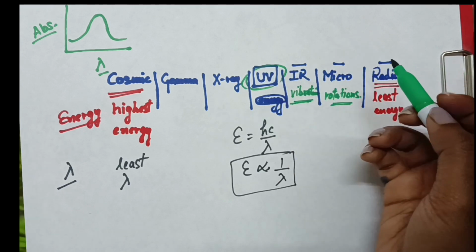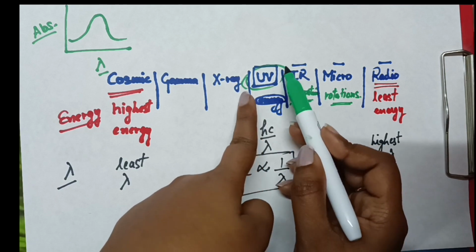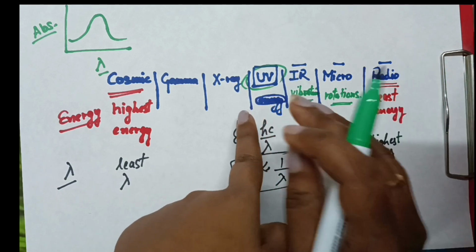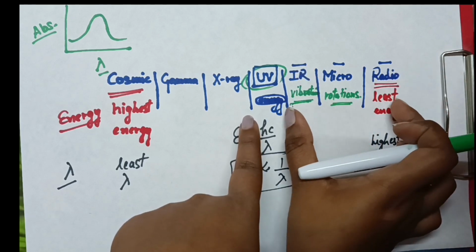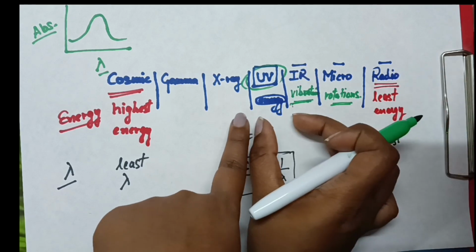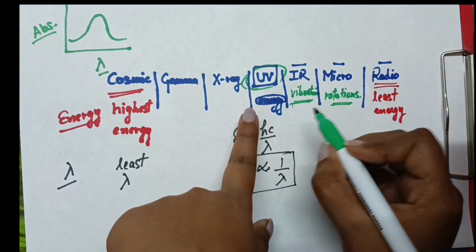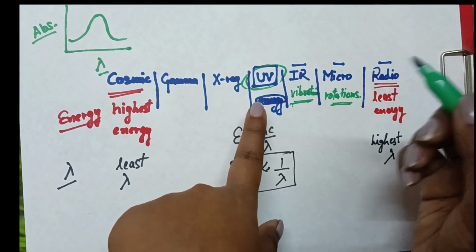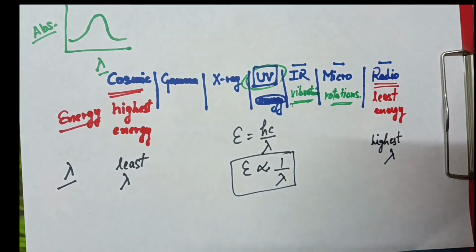Why is it so? Because the amount of energy required for operation in UV is already sufficient for these regions. These regions require much less energy as compared to the UV region. So if a molecule is showing electronic transitions, it will also show vibrations and rotations.